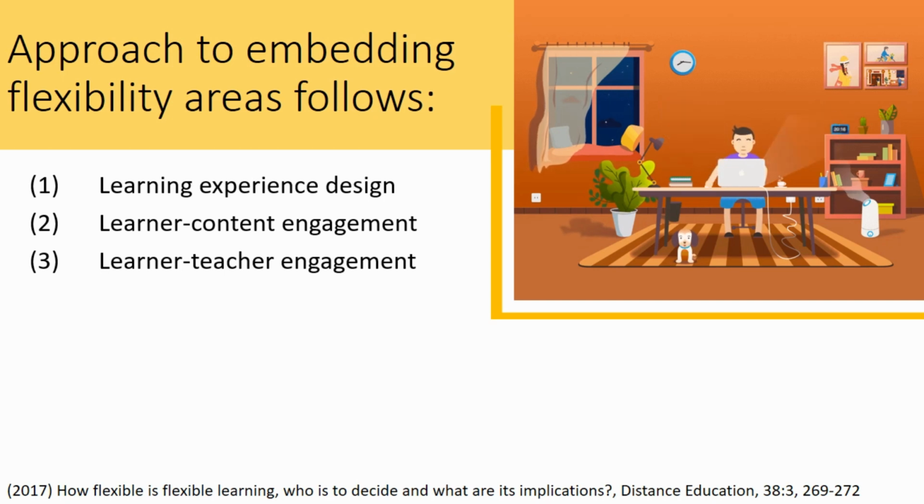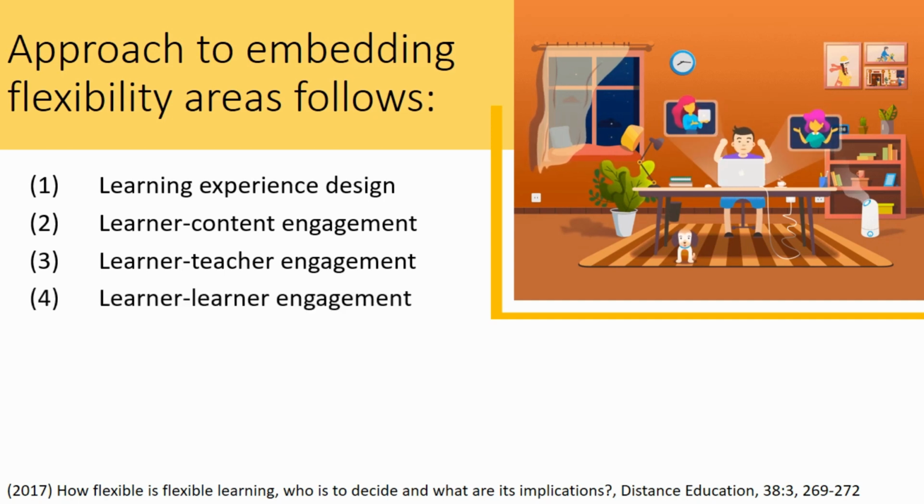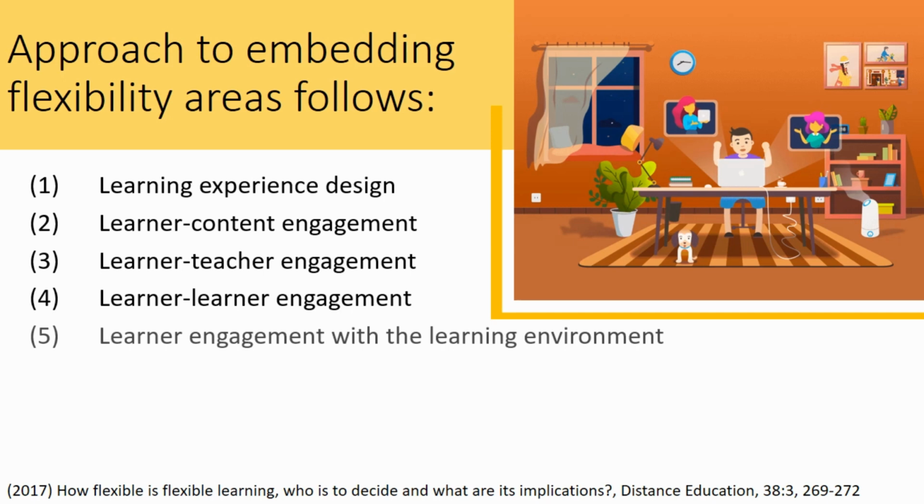It is about choices learners have in relation to the mode and method of their engagement and interaction with their teachers and tutors. Fourth, the learner-learner engagement. This is about choices learners have in relation to the mode and method of their engagement and interaction with their peers in small and large groups, and in offline and online educational settings.